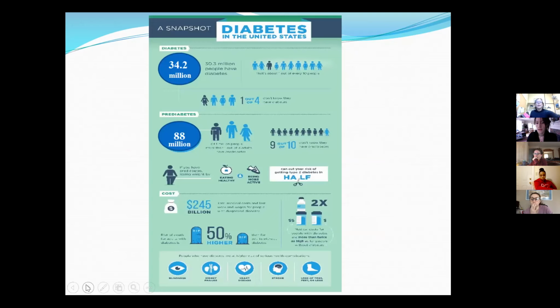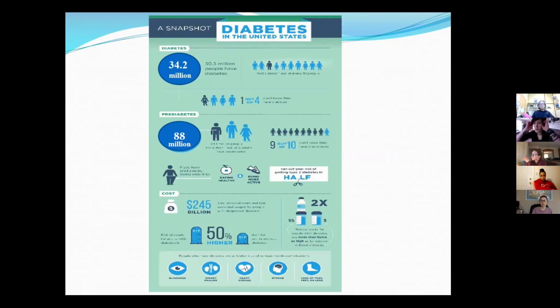So here's just a slide to sort of give you a visual of that. Again, 1 out of 10 Americans have diabetes. And with relation to that, and with relation to pre-diabetics as well, there is a huge cost to our society and to our healthcare system with regard to diabetics.